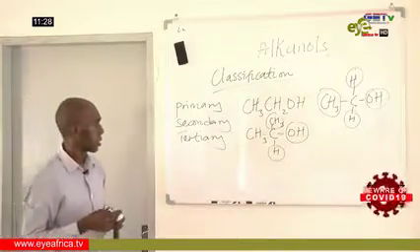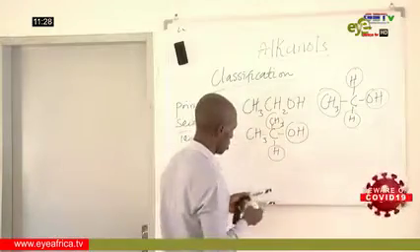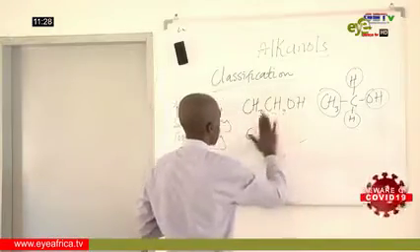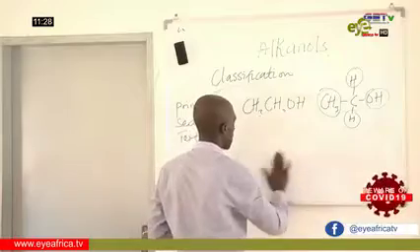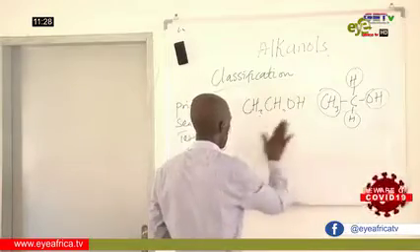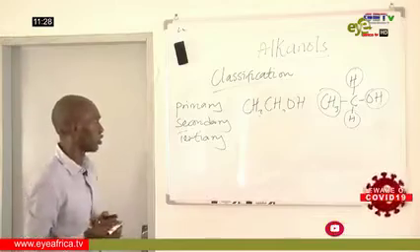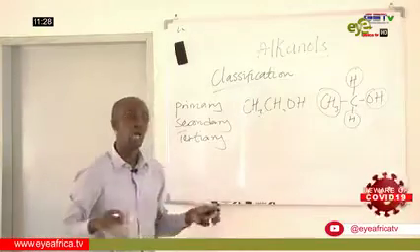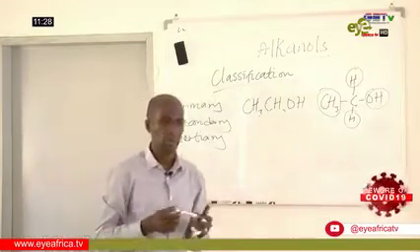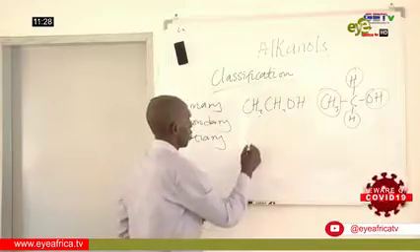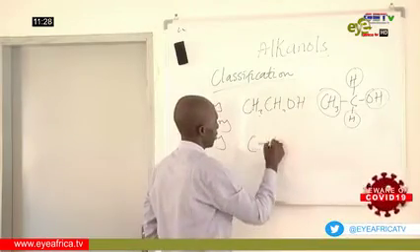Okay. Another way to classify tertiary alcohols is the number of hydrogen atoms attached to the carbon that bears the functional group. So in a tertiary alcohol, there is no hydrogen on the carbon that bears the functional group. All the hydrogens are being replaced.